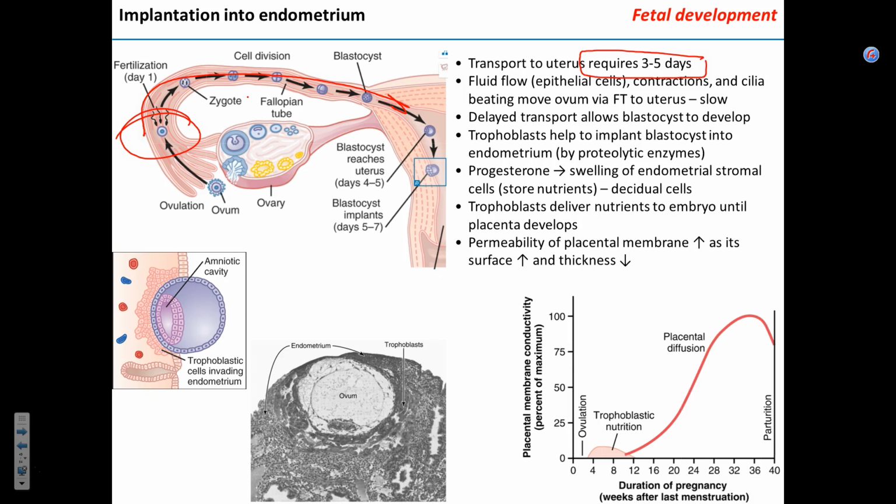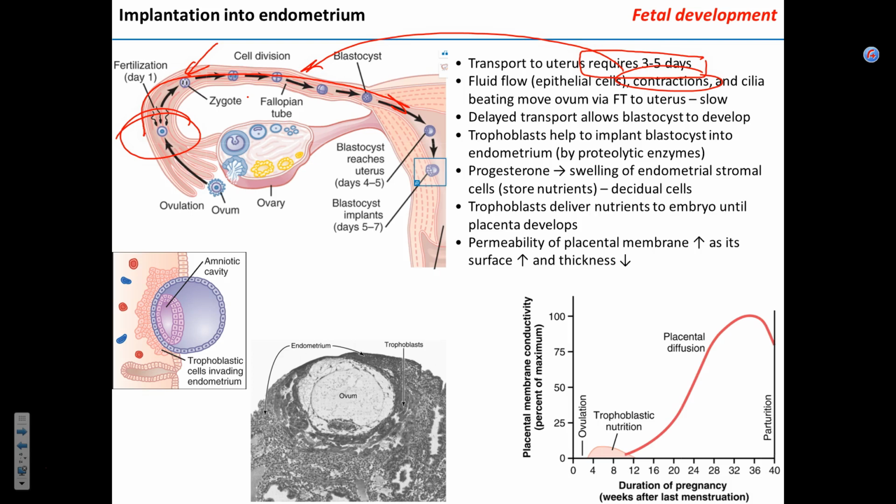The mucus that is present in the fallopian tubes is propelled by ciliated epithelium. Synchronous beating of the cilia on the surface of the fallopian tubes will move the zygote towards the uterus. Contraction of the fallopian tube will also contribute to the movement.